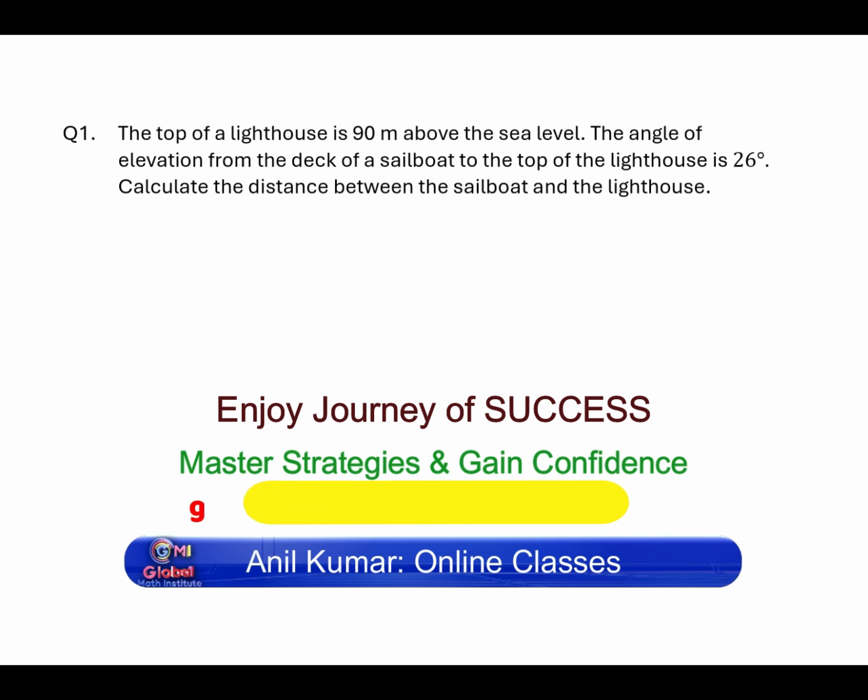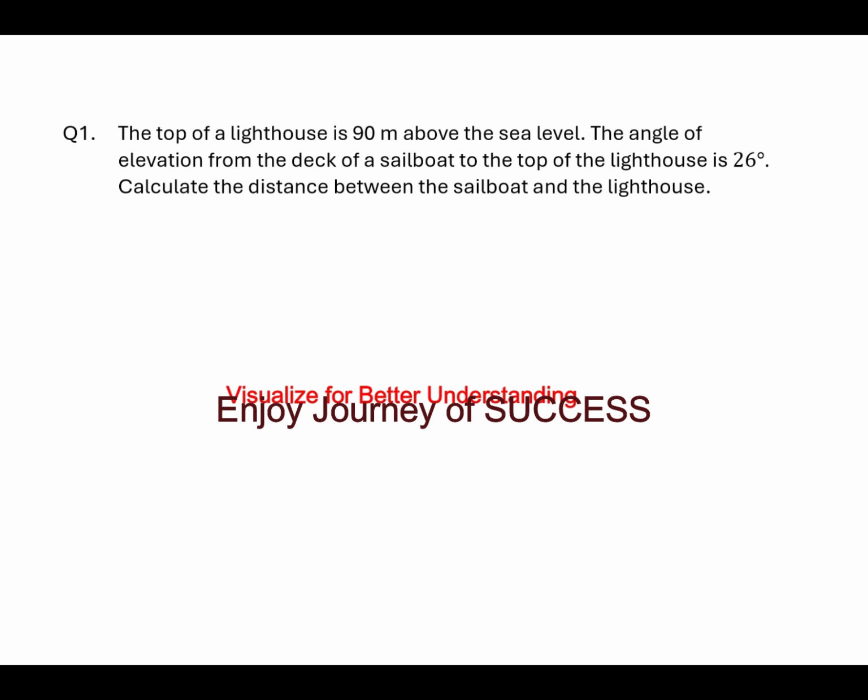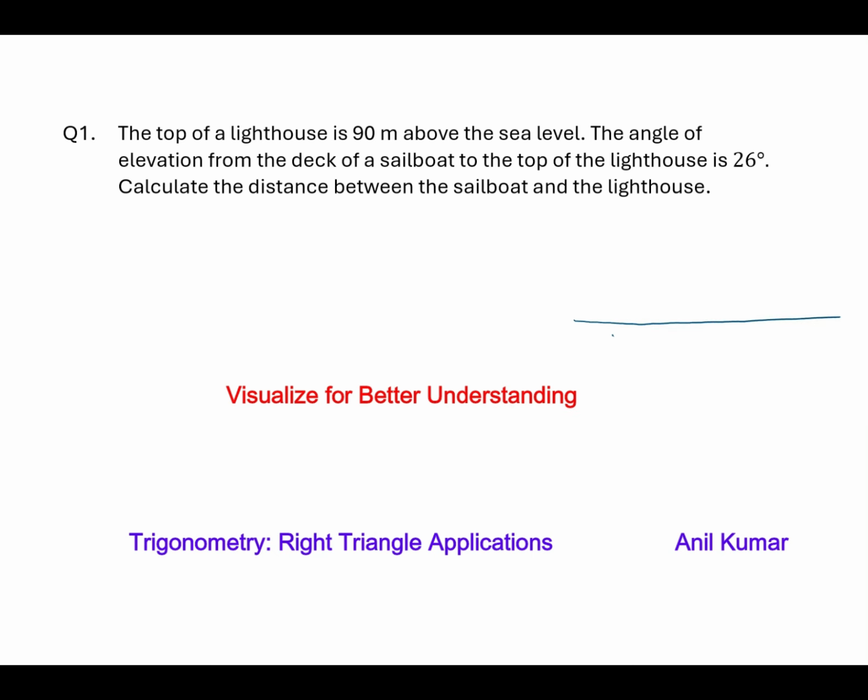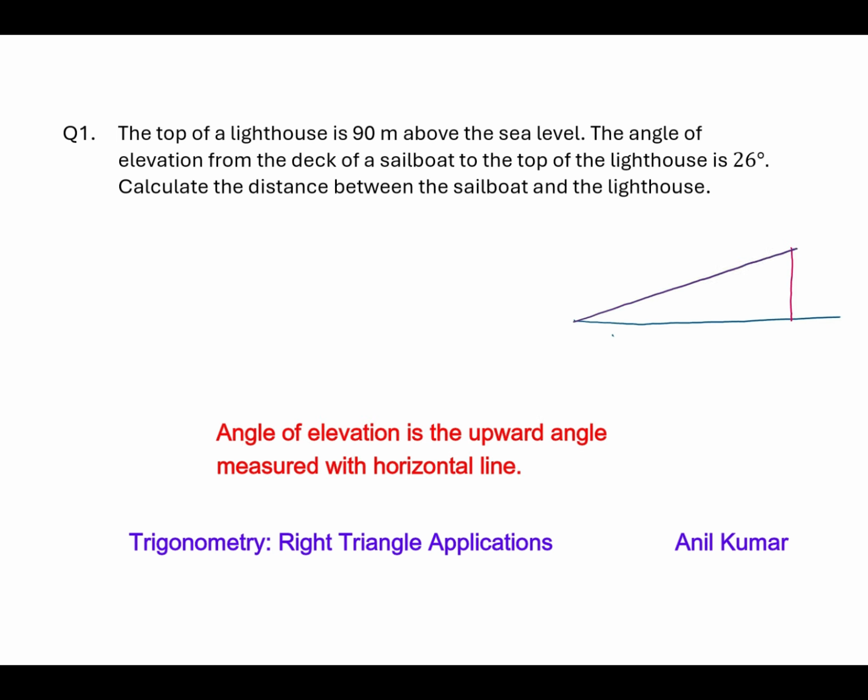We are talking about a sailboat which is some distance away, making an angle of elevation of 26 degrees to the top of the lighthouse. So, let's say that this is the sea level and we are able to see a lighthouse somewhere, the angle of elevation being 26 degrees.